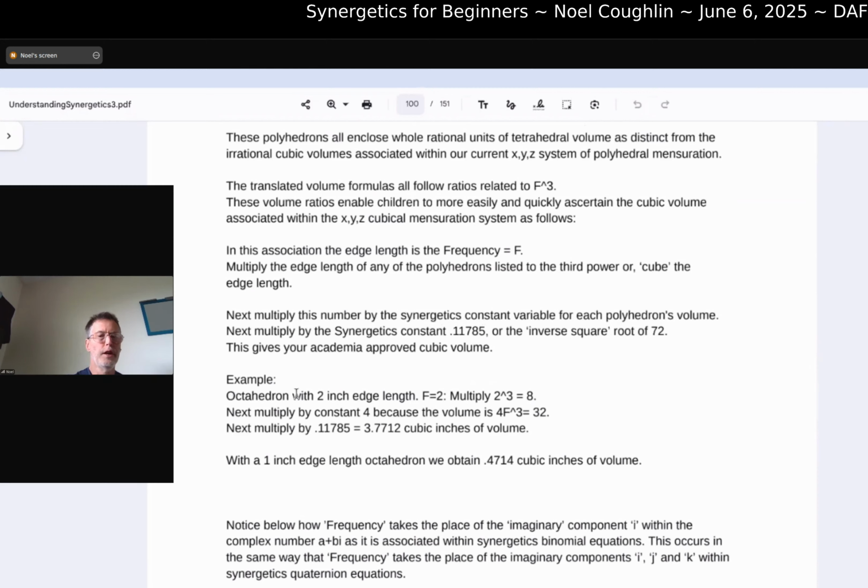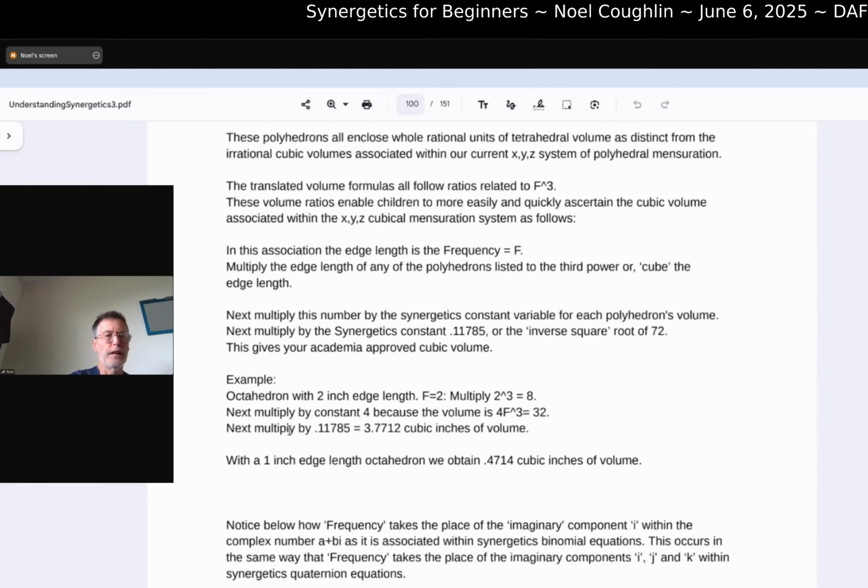For an example, if you got a 2-inch edge length tetrahedra, first you go F equals 2, and that's 2 to the third power equals 8. Next, multiply by the constant 4, because the volume is 4 times frequency to the third power. If the frequency is 2, you put 8 in there, and you multiply it by 4, and you get 32. So that's where you get the 32 volume.